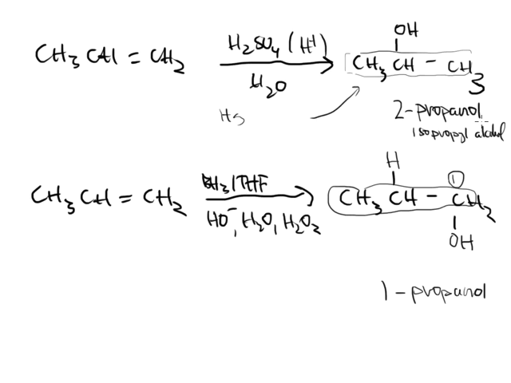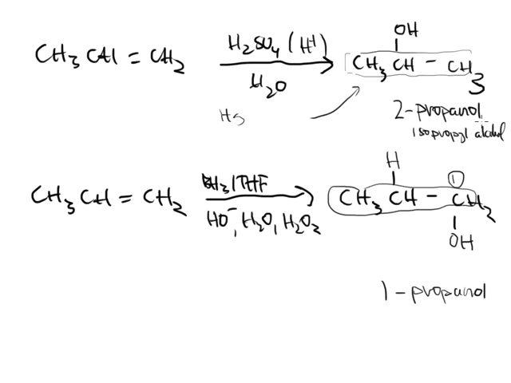My water acid route would have ended up with isopropyl. This is the only way that we could have ended up with that OH group on the opposite carbon than what we would expect. Every single time. So folks, this is the story with hydroboration oxidation.